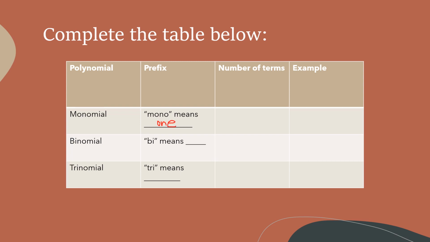Binomial, we have the prefix bi, which means 2. And we have trinomial. The prefix is tri, which means 3.